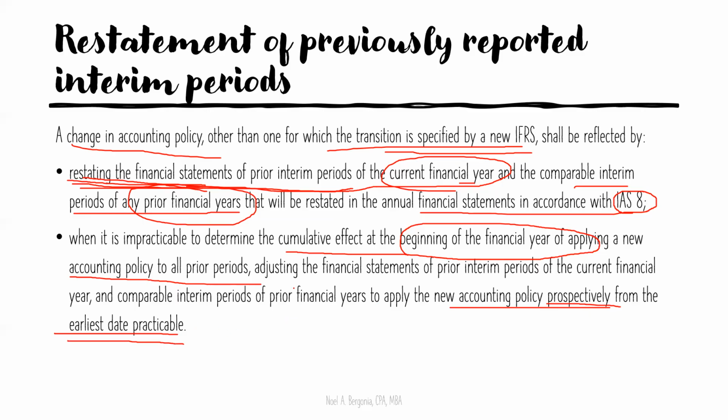Okay, so we will not do it specifically for comparable financial information per year to date interim period, but we will just do it from the beginning of the year, as if we are just getting the cumulative from the start up to the beginning of that financial year and then applying it prospectively. Okay? So, ayan. It will be discussed more under IAS 8 naman po.